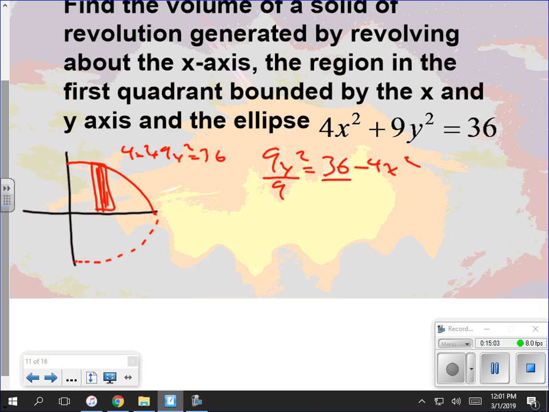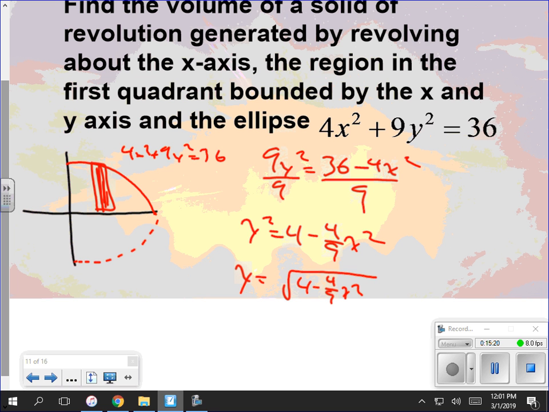Divide both sides by 9. Y squared is equal to 4 minus 4/9 x squared. And then y equals the square root of 4 minus 4/9 x squared.